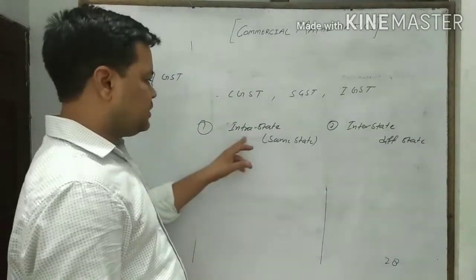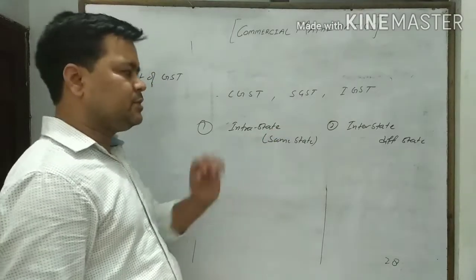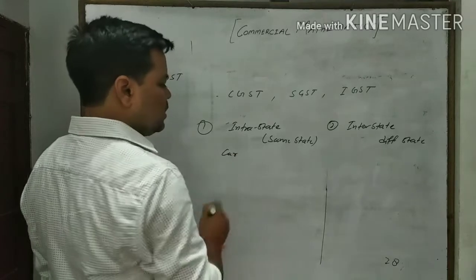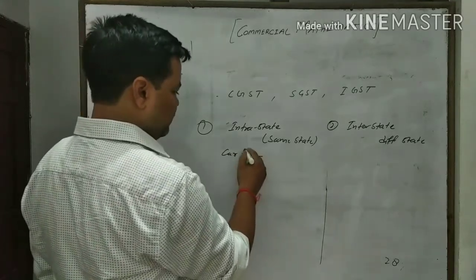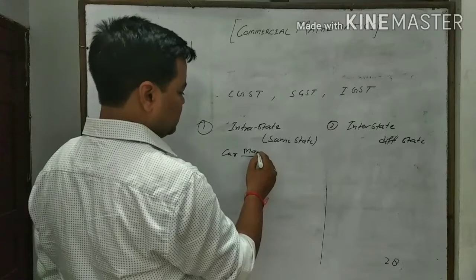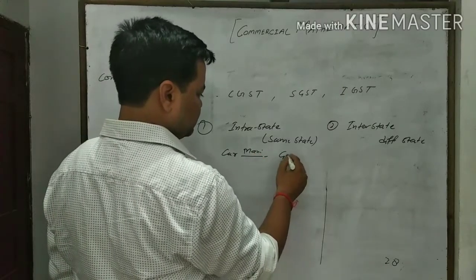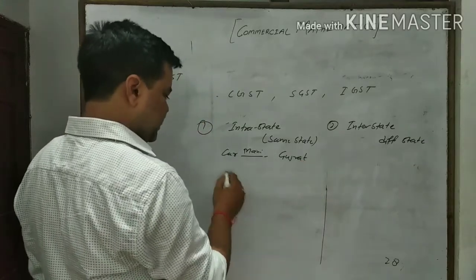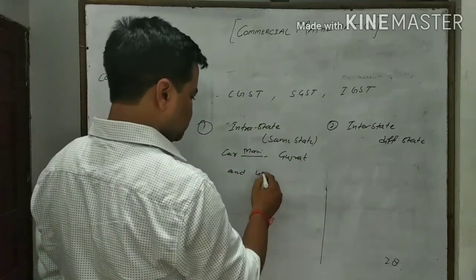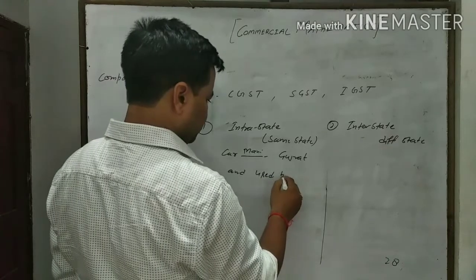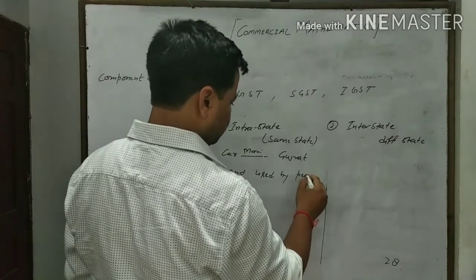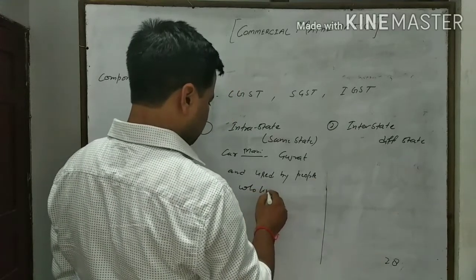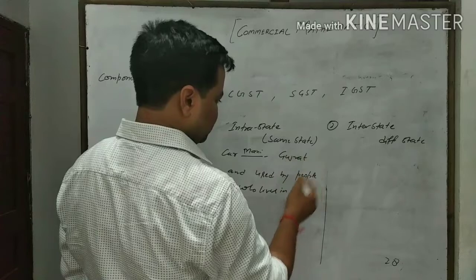Just like intra-state means same state. If we buy a car, this car is manufactured in Gujarat and used by people who live in the same state.